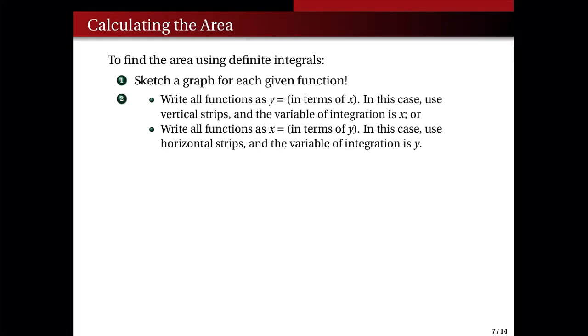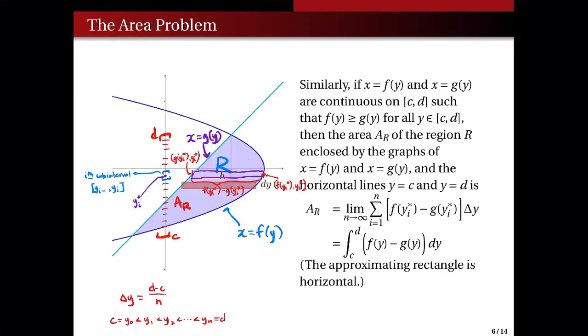So you use horizontal strips, and the variable of integration is y. Just like what we have in here. So we have this horizontal strip here, and then the variable of integration is y.